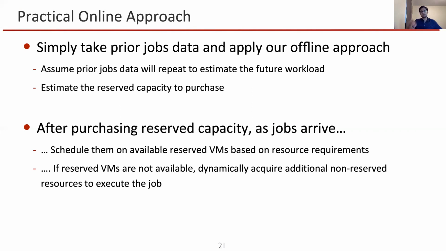Once we purchase reserved capacity based on our offline approach and training data, later as the jobs arrive in testing data, we schedule them on available reserved VMs based on their requirements. If we cannot, we dynamically try to acquire non-reserved options like transient, scheduled reserved, and on-demand VMs based on their normalized cost. We keep repeating this process until all the jobs in testing are done.